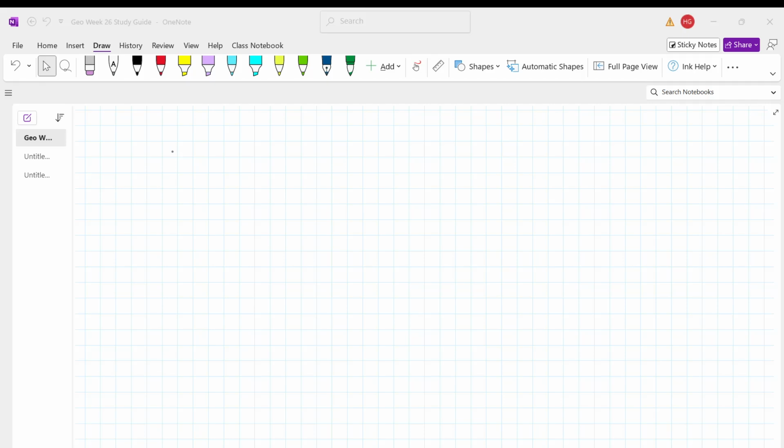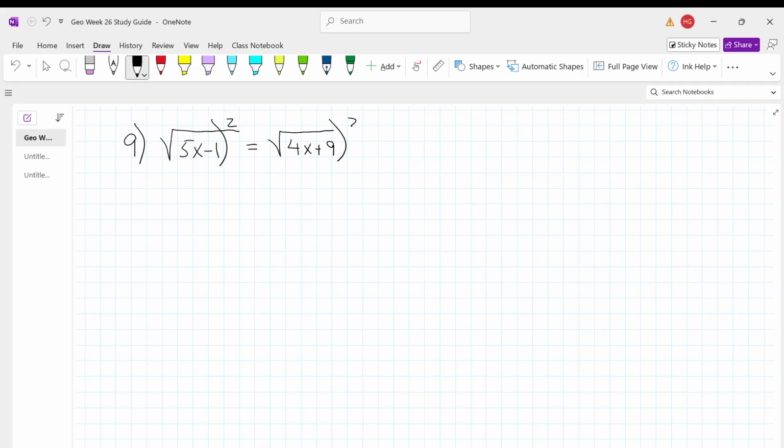All right, so Semester 2 study guide, problem number 9. You're asked to solve the square root of 5x minus 1 is equal to the square root of 4x plus 9. In order to eliminate the square root symbol, just square both sides.